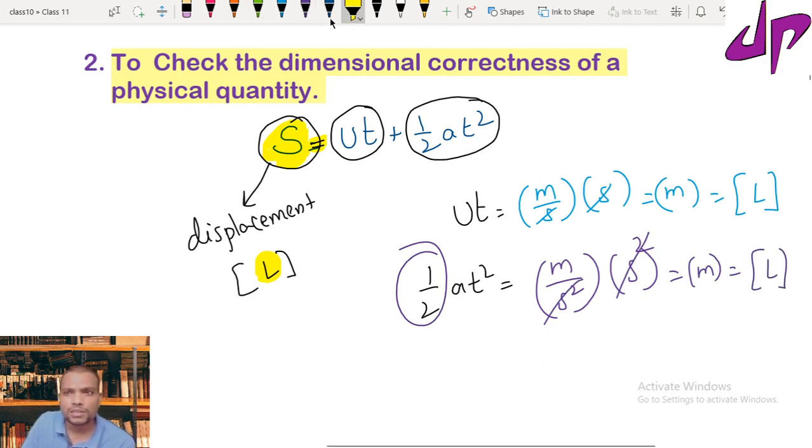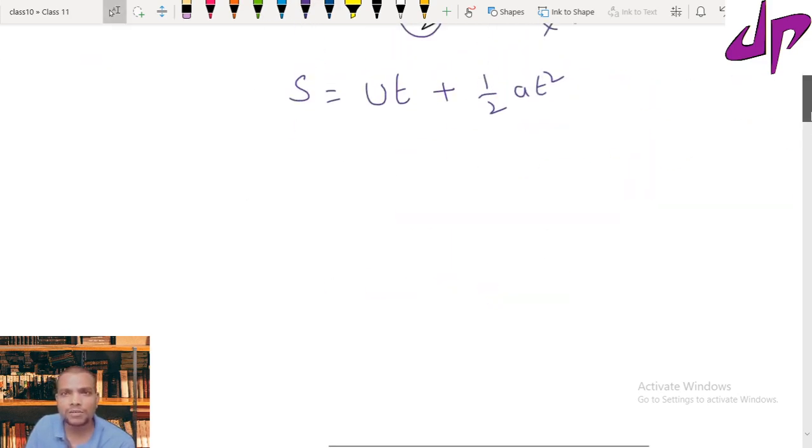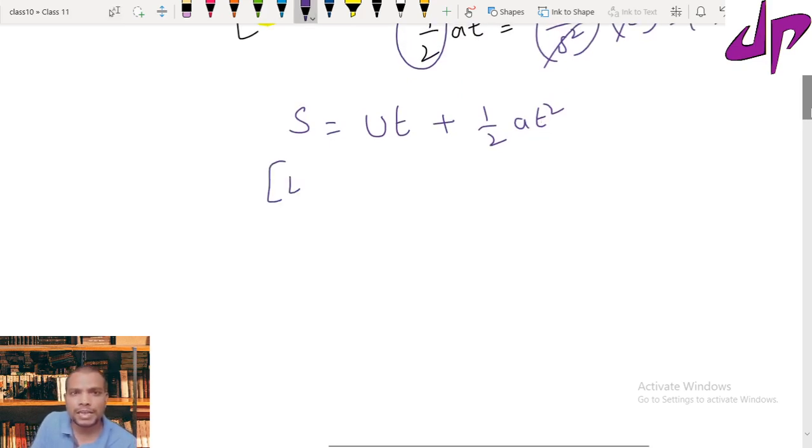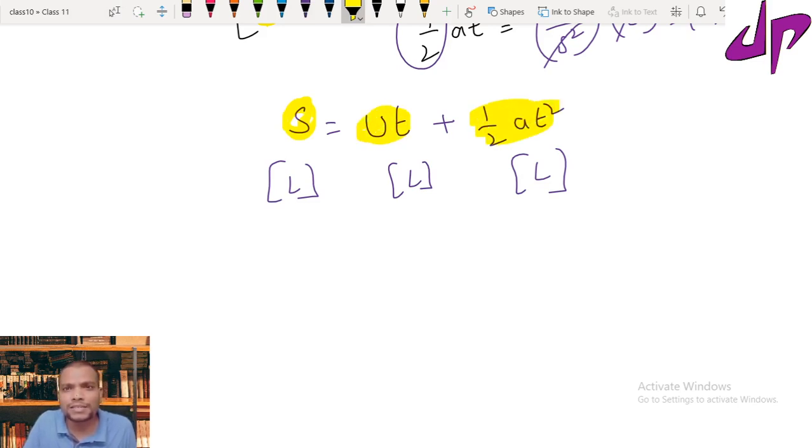Now you can see all three terms have the same physical quantity. s has L, ut has L, and half at square has L. If these three terms have the same dimensions L, L and L, we can say this formula is dimensionally correct.